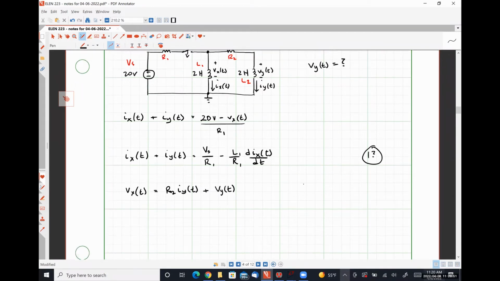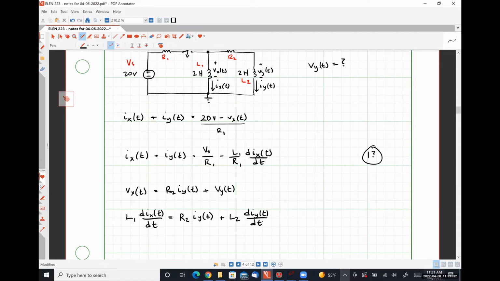So that's going to look like L1 dIx by dt is equal to R2 times Iy plus L2 dIy by dt.